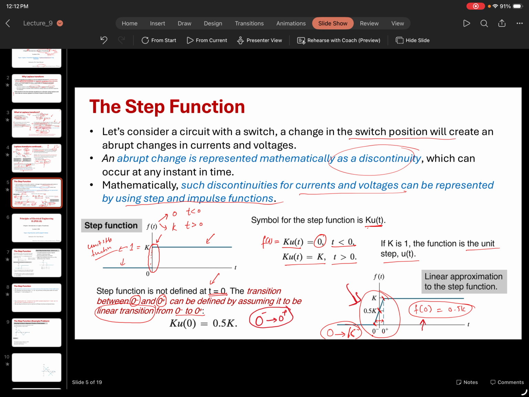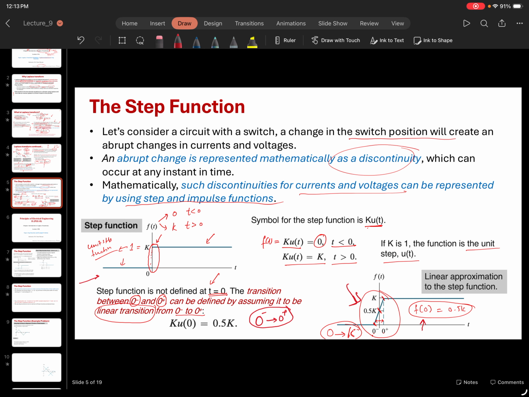For example, the step function that we looked at, the values went from 0 to k approximately at the instant, right? But when we were to mathematically model it, we assumed that in between 0 negative and 0 positive, we can assume a linear approximation, going from the value 0 at 0 negative all the way to the value k at 0 positive.